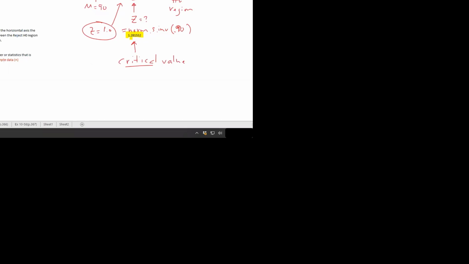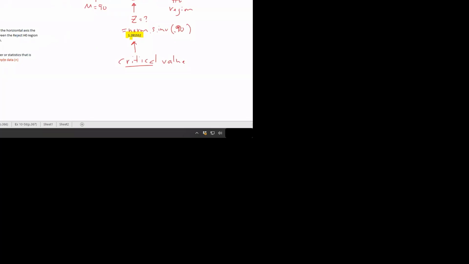Therefore, if we carried out this test and it yielded a computed statistic of 1, we would fail to reject the null hypothesis. Let me erase this, because I don't think that's the z-score if we carry out this test to completion. All right, so we're good so far?